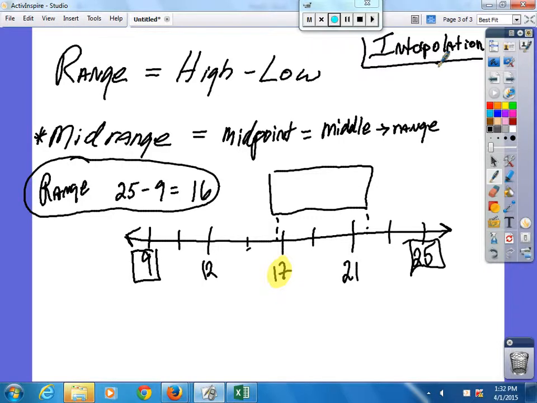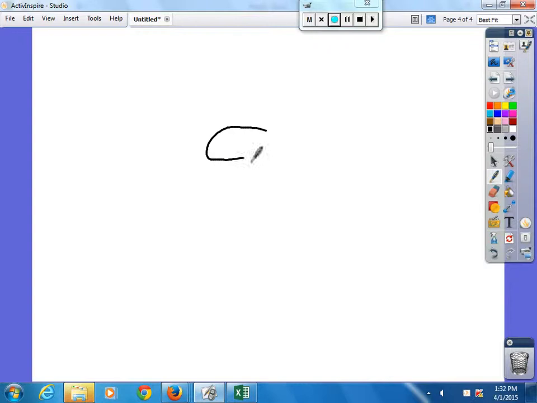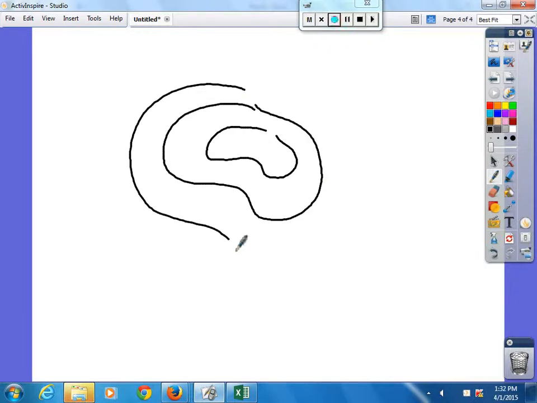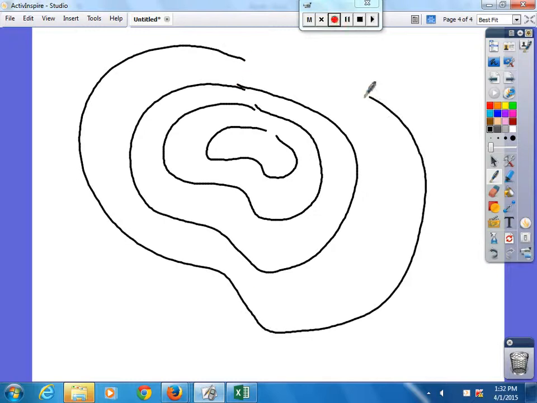Interpolation is used in engineering. You know what that's called? Contour line. This can be the top of the hill or the bottom of the hill. Elevation is 428 feet above sea level.